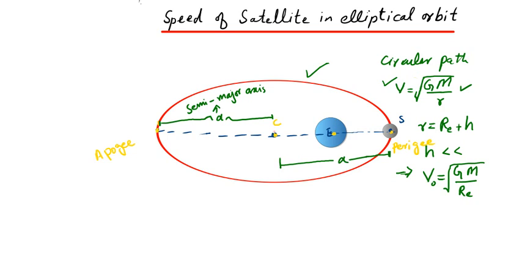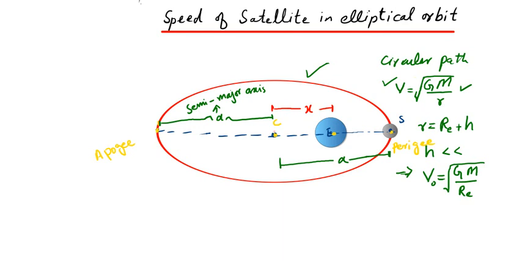Let's consider the distance from this center to the place where the planet is situated. Let's say this distance is x.